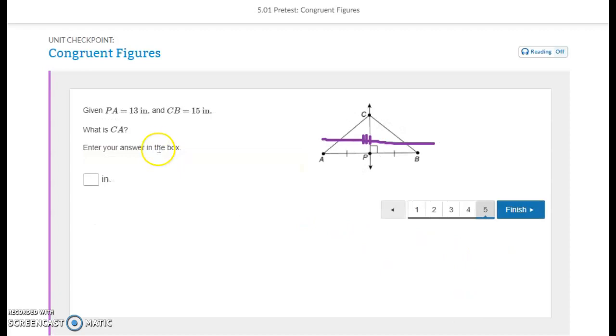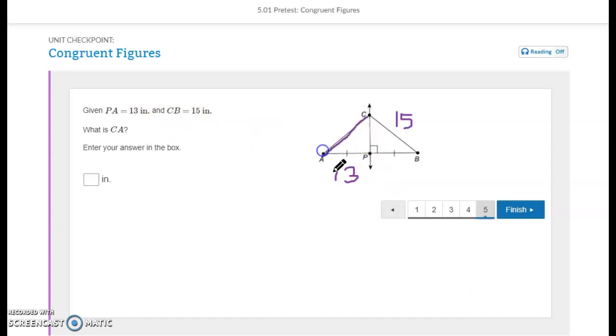And last, given PA equals 13 inches and CB equals 15, what is CA? Let's do some labeling here. PA is 13. CB is 15. What is CA?